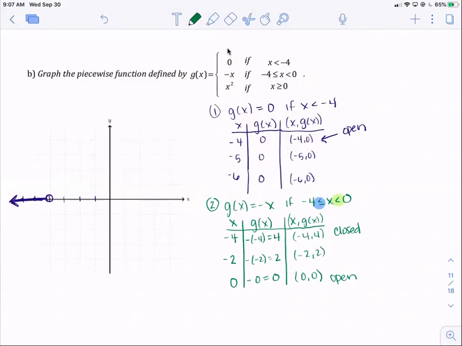So we graph this. At -4, 4, we have a closed dot. -2, 2, we just have a point. And then at 0, 0, we're going to have an open dot. And then connect your graph.